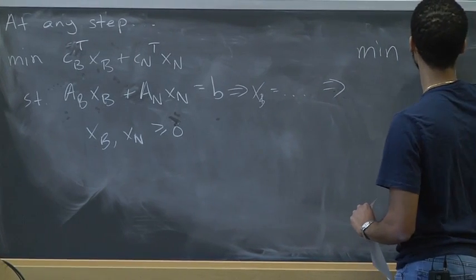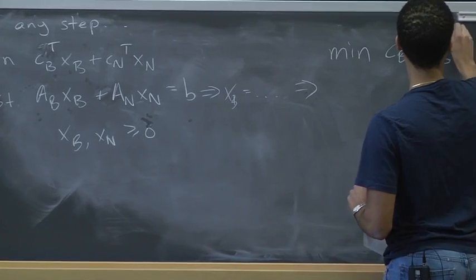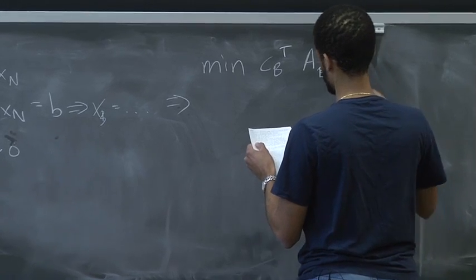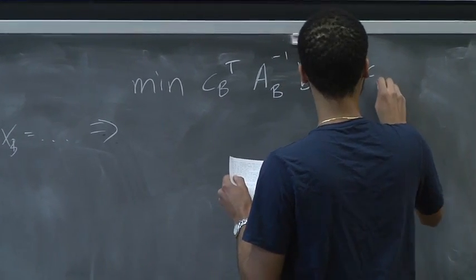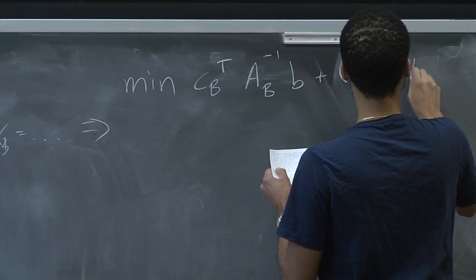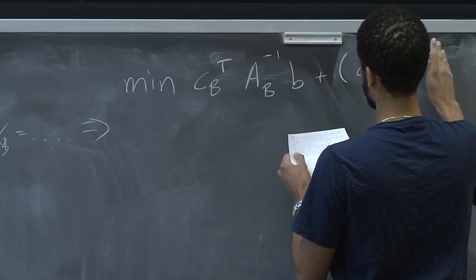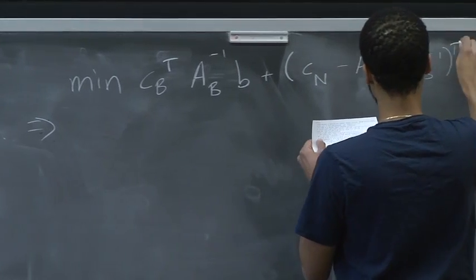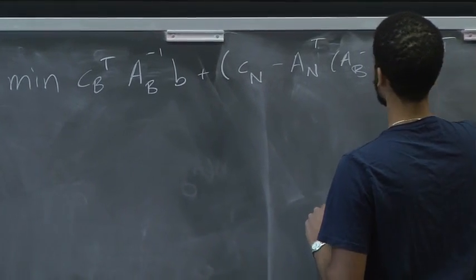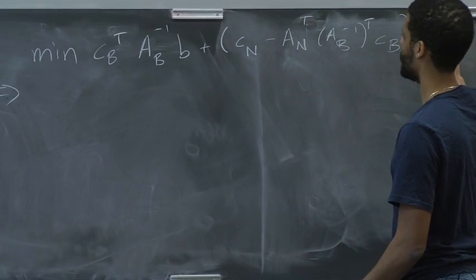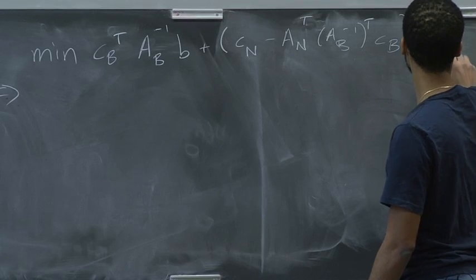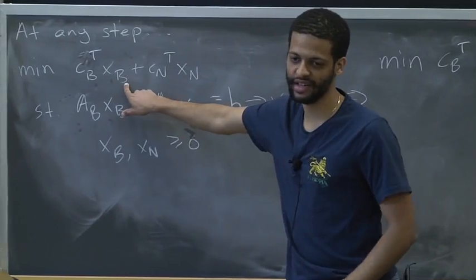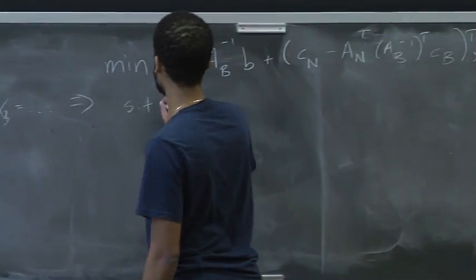You can write this thing as C_B transpose A_B inverse b plus C_N minus A_N transpose A_B inverse transpose C_B transpose times x_N. This is what you get after you substitute this expression for x_B in here, and then subject to those same constraints.